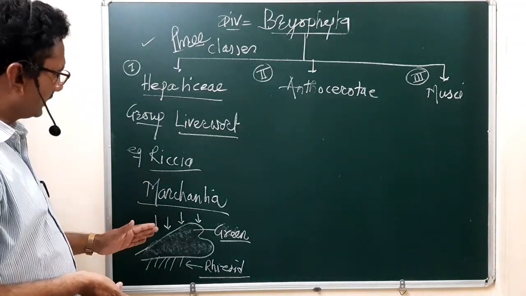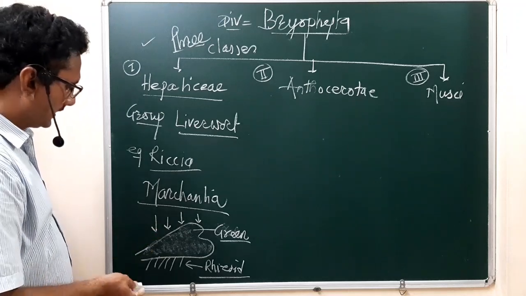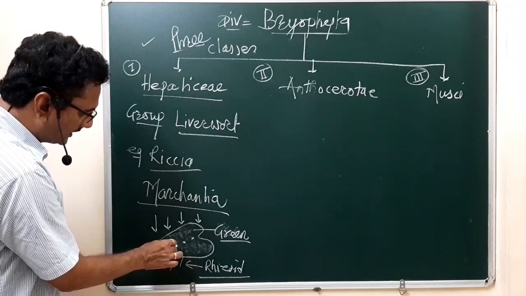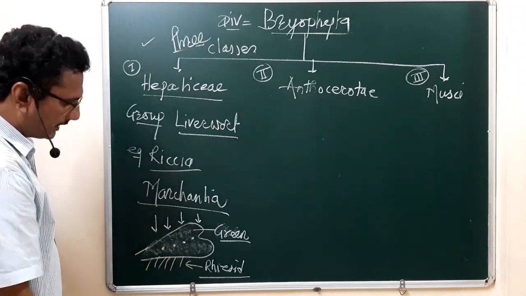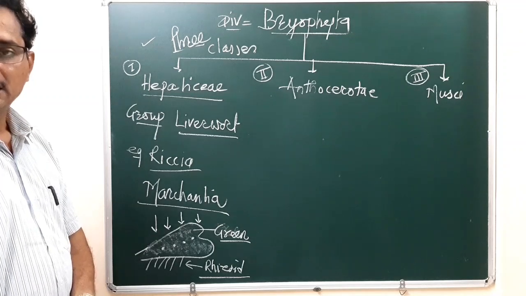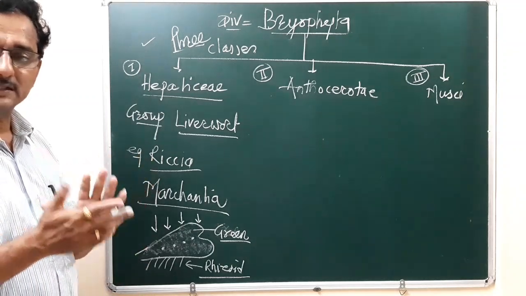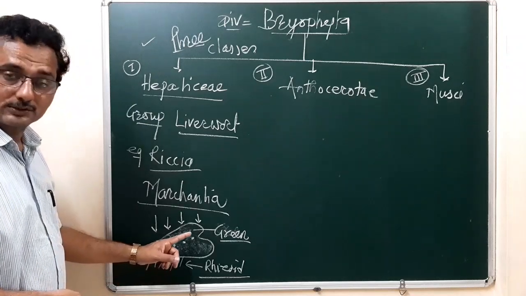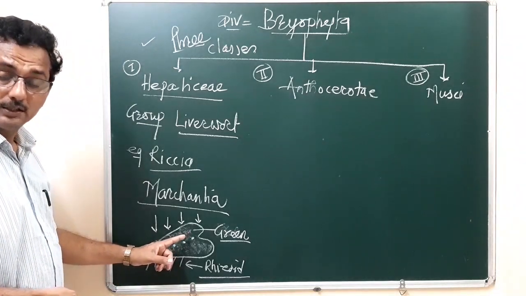And remember, in this Hepaticae, the male and female sex organs, Antheridia and Archegonia, are situated all over the dorsal side.